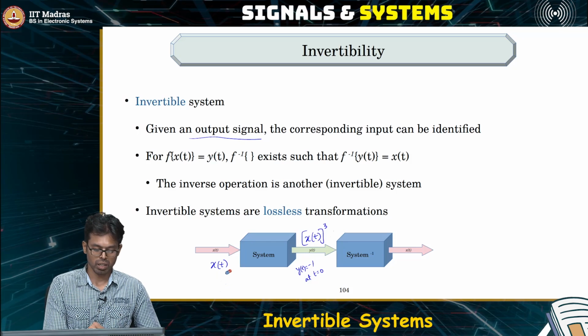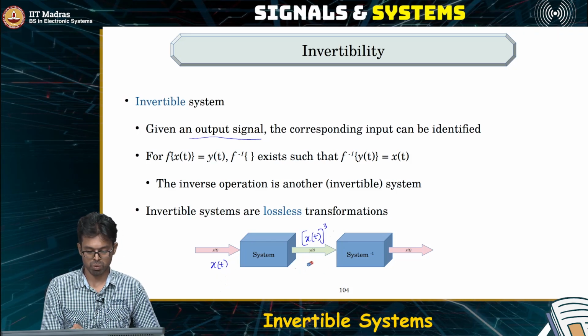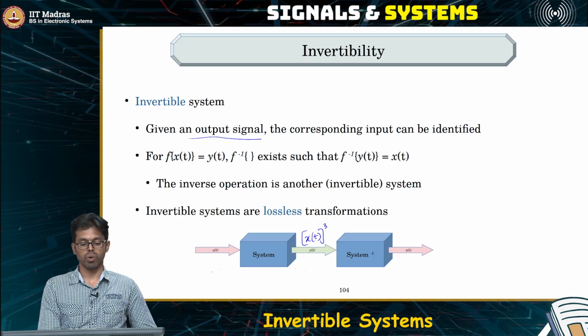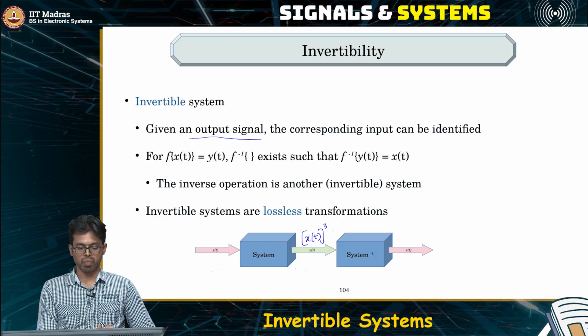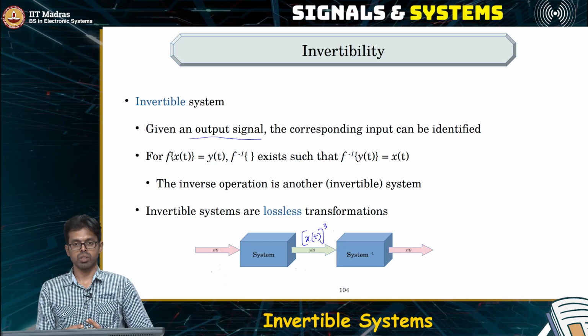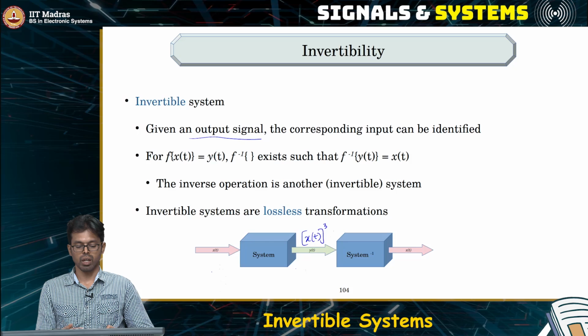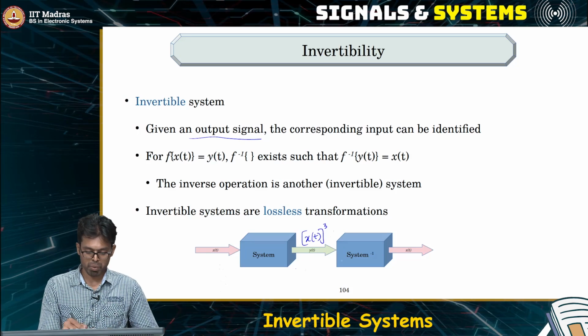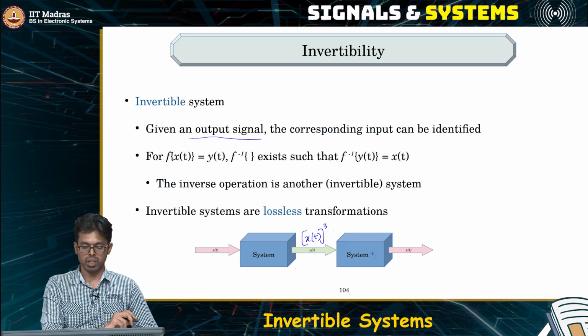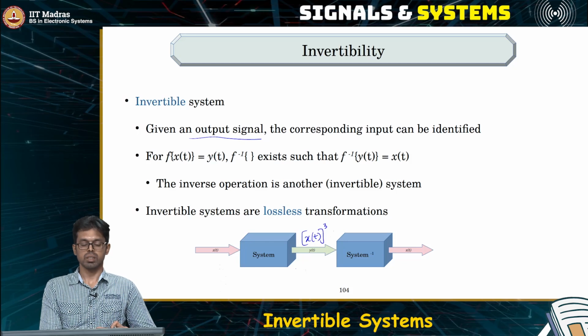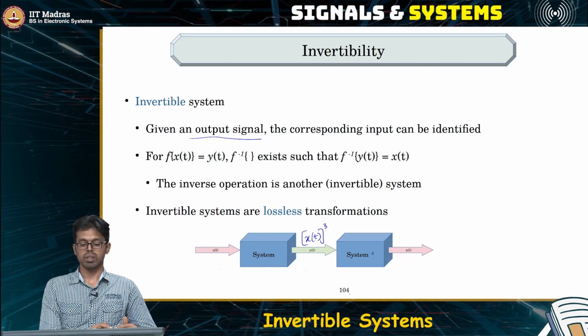So this is an invertible system. So depending upon what the system does, from the output that is observed, you can either tell what was the input, or you may not be able to. So whenever you are able to map back to the input just by observing the output, you claim such a system is invertible.